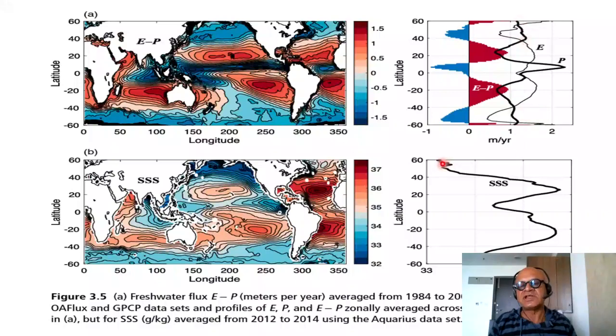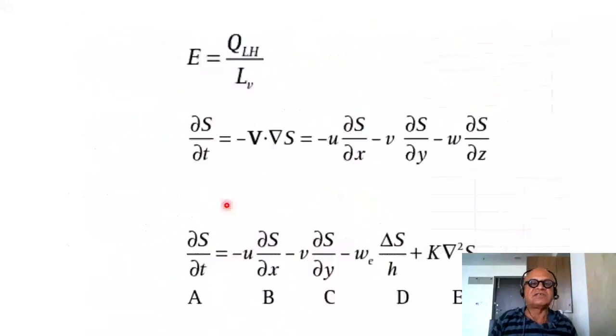The net result on the SSS of course is that the zonal mean here produces low salinities at higher latitudes, high salinities in the subtropical gyres, and low salinities in the ITCZ.